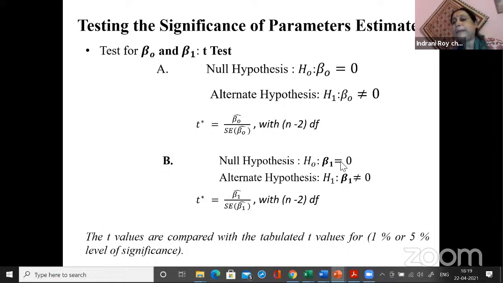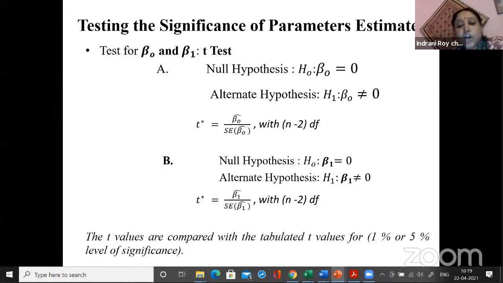The same is for the beta 1 coefficient. When you say beta 1 equal to 0, and in the alternative beta 1 not equal to 0, what does that mean? Just recall the regression equation: yi hat is equal to beta naught hat plus beta 1 hat xi. If beta 1 is equal to 0 in the population, what does it mean?